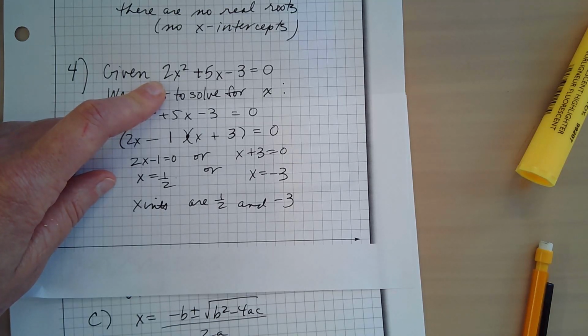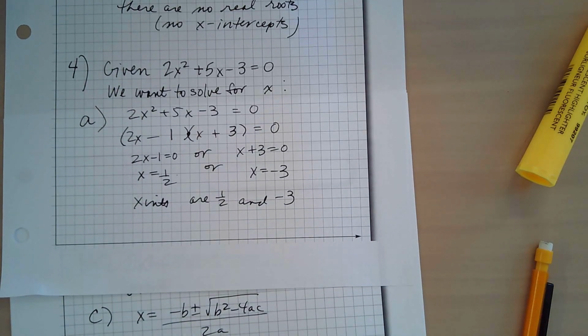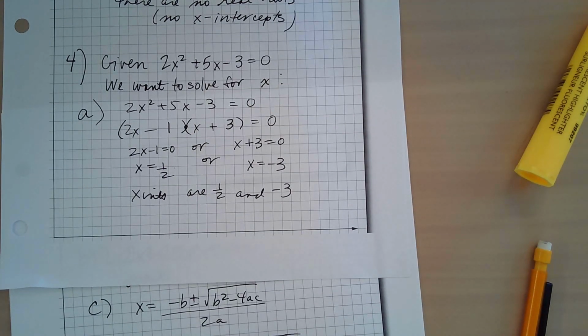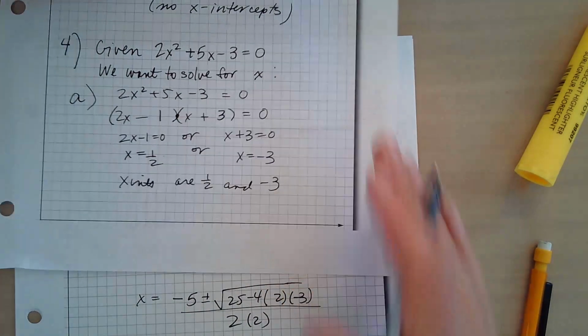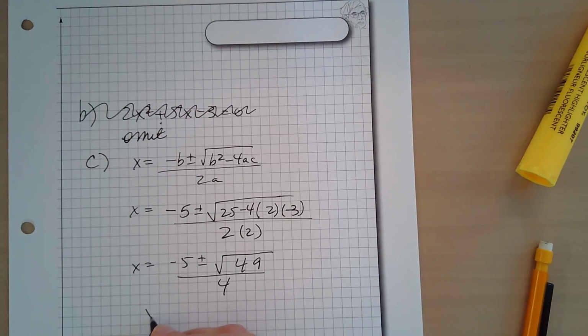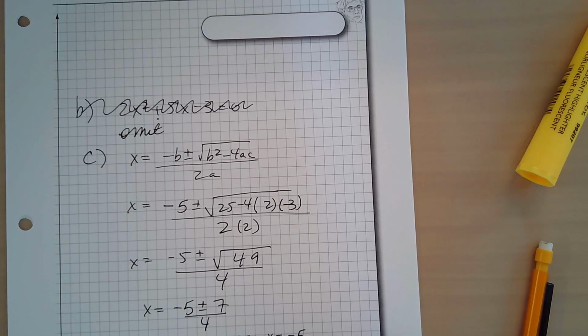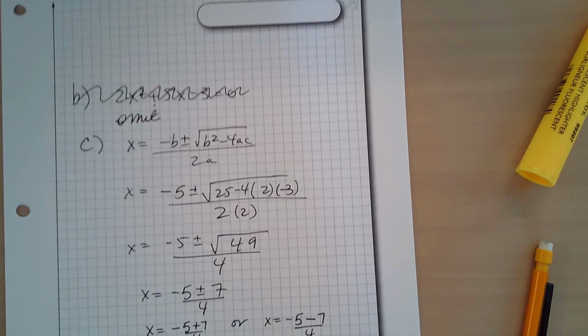Okay, so x equals minus 5 plus or minus, I think we're going to get a positive number here, 25 plus 24, I think that's 49, right? All over 4, which is nice. So I get x equals minus 5 plus or minus the square root of 49, which is 7, over 4. So x equals minus 5 plus 7 over 4, or minus 5 minus 7 over 4.